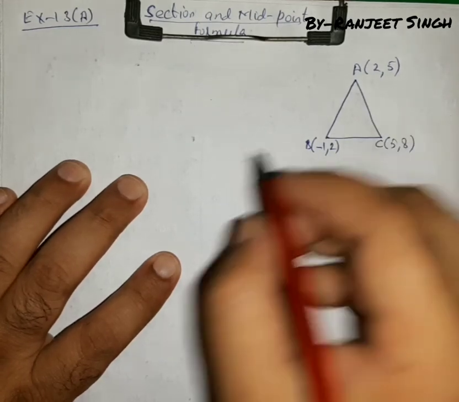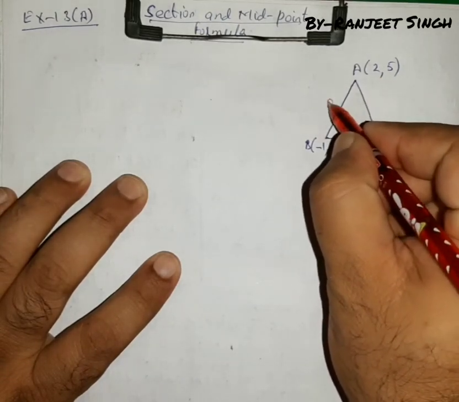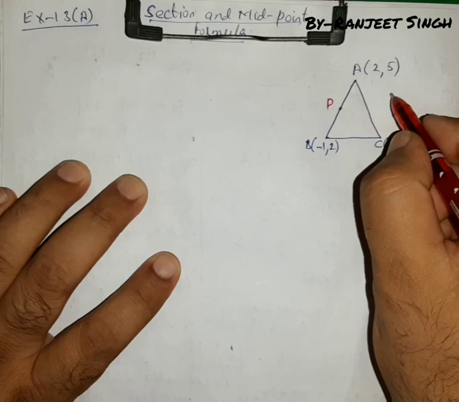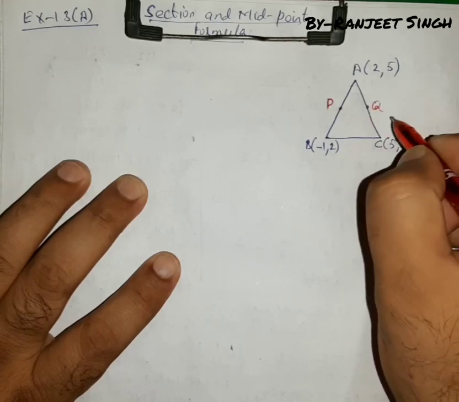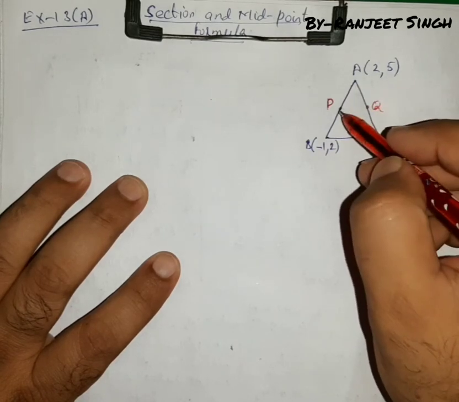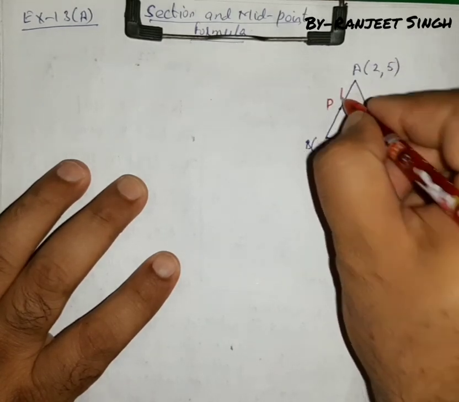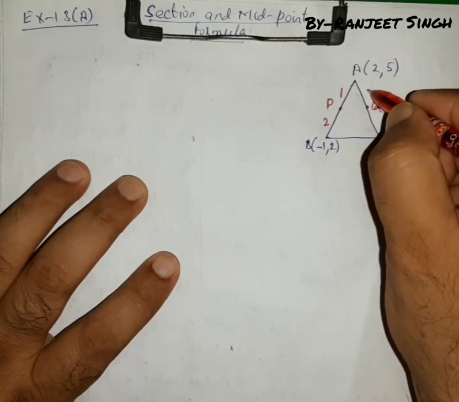P lies on AB and Q lies on AC. AP is to PB is ratio 1:2, and similarly AQ is to QC is also 1:2.